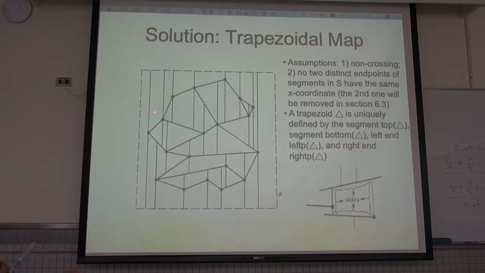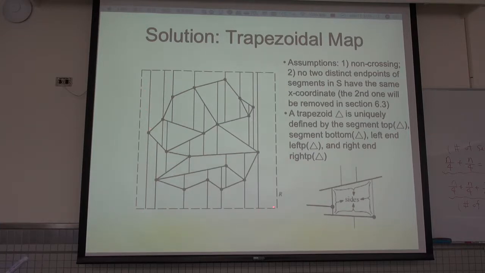In this figure, for example, the bounding box is represented by this dotted line.